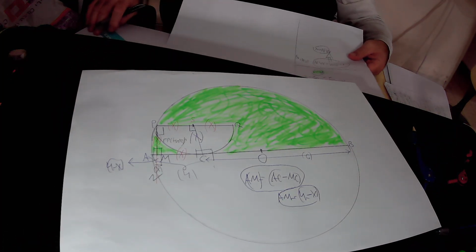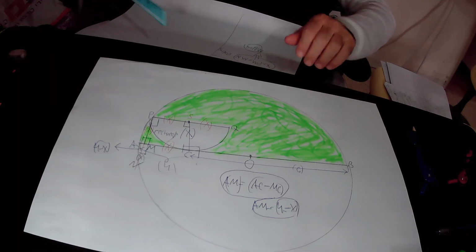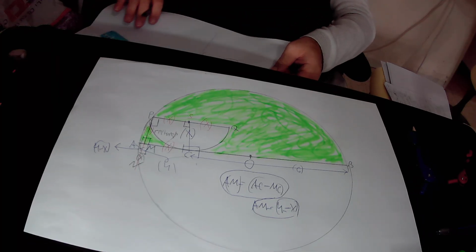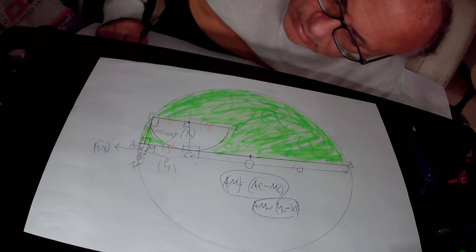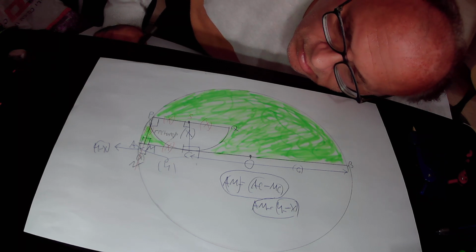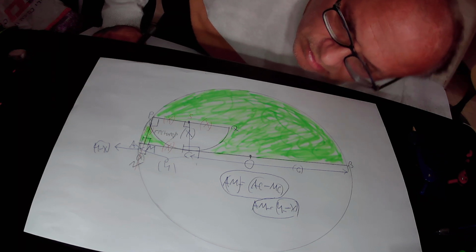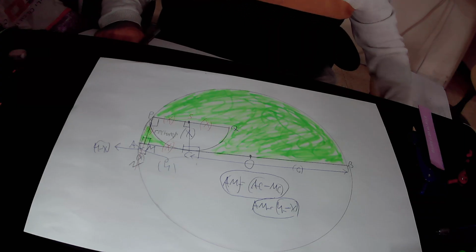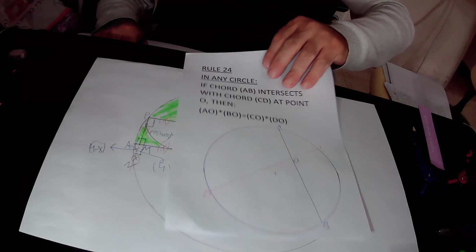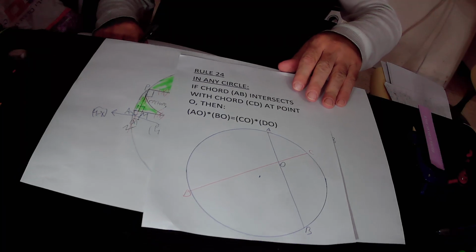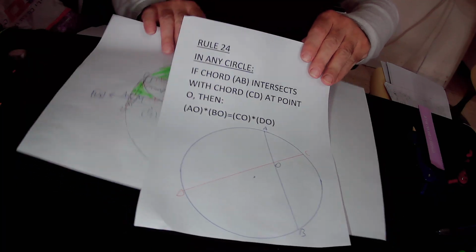In the next step, we will implement rule 24 in our drawing, on page 15. Rule 24 is true in any circle.